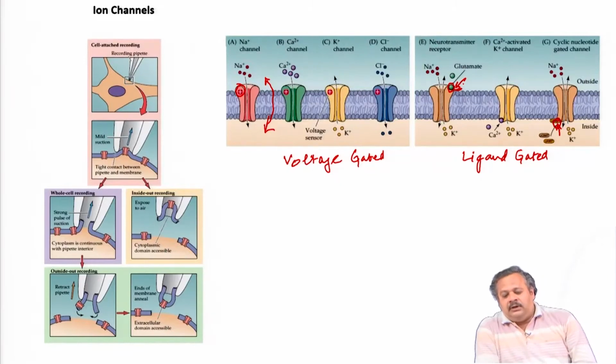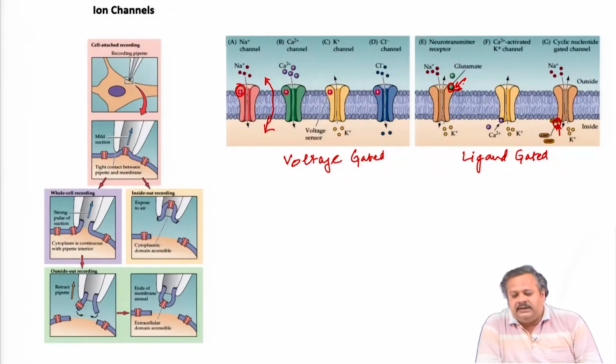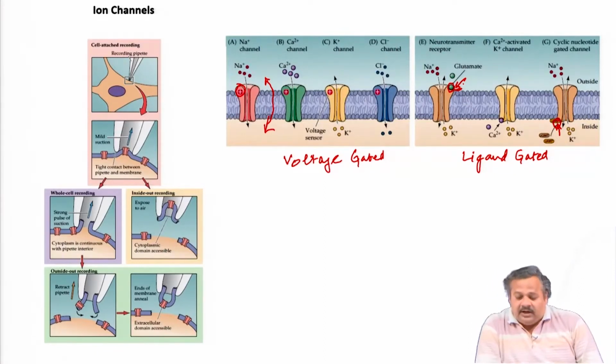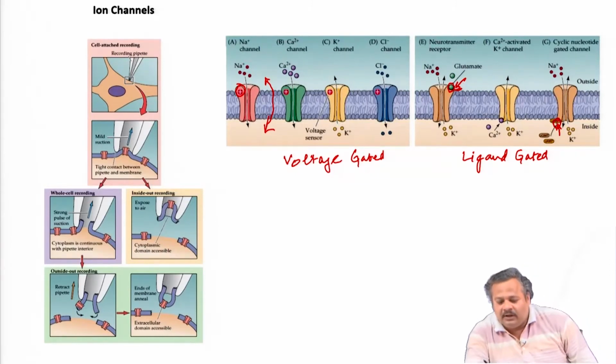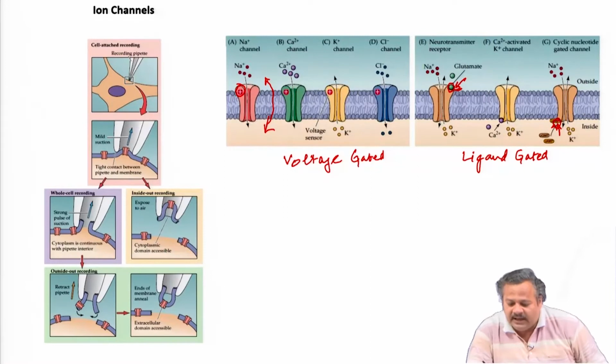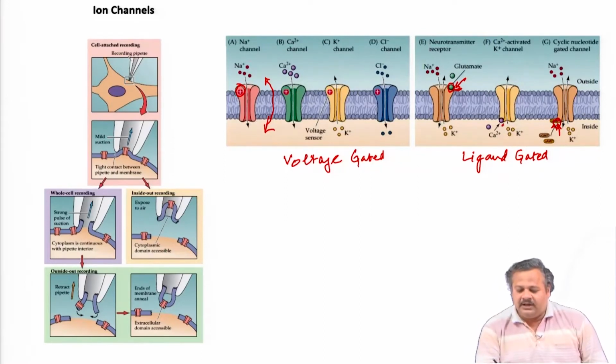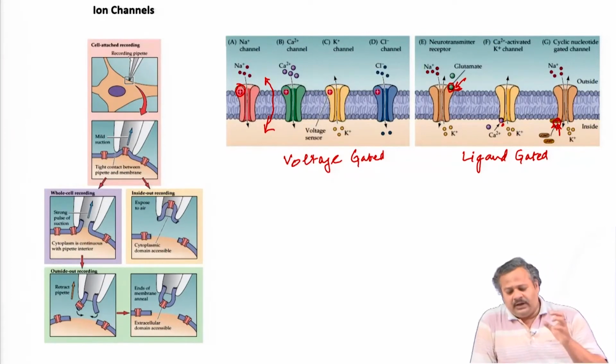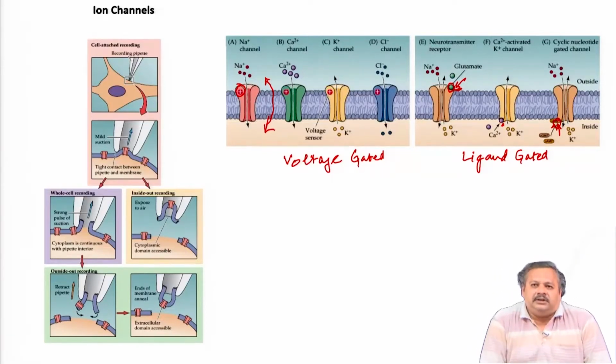And similarly, in other cases we will see some cyclic nucleotide gated channels, present for example in the retina, and they have the binding site for cyclic AMP in this case, or calcium, inside the neuron. When calcium or cyclic AMP binds to the binding site, then these ion channels open.